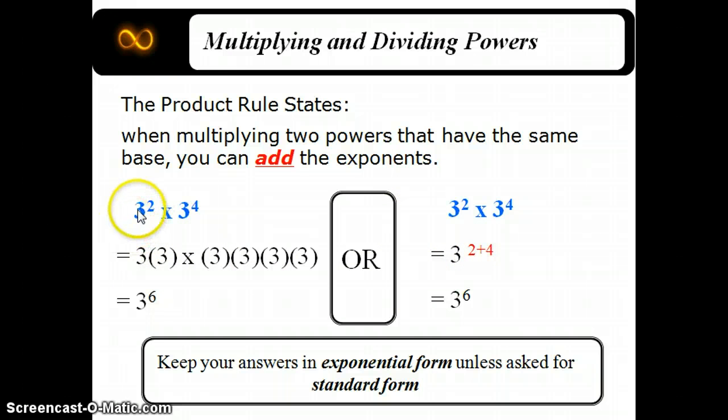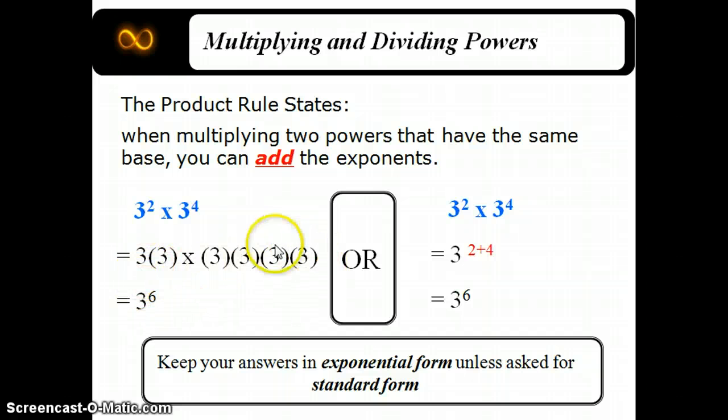Why does it work? 3 to the power of 2 means 3 times 3. 3 to the power of 4 means 3 times 3 times 3 times 3. And since we're multiplying them together, it essentially means 3 multiplied by itself 6 times.